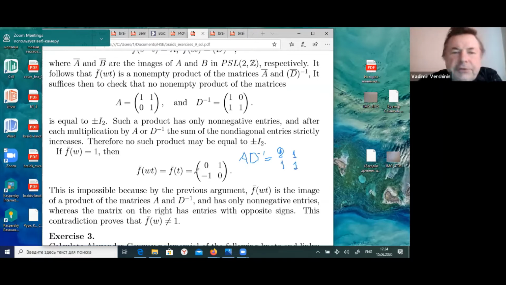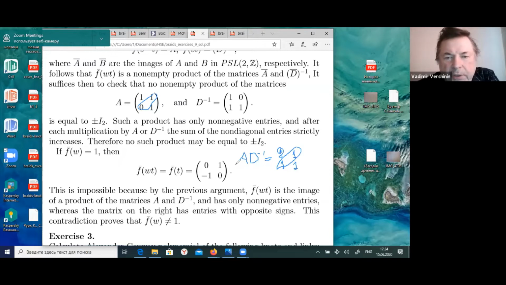So in this product, here we have elements in the diagonal equal to 1, here the sum of the diagonal elements is equal to 2.